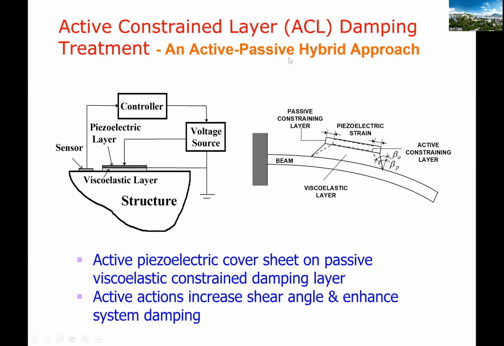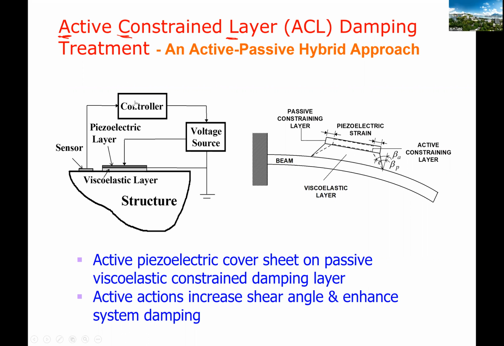It is an active-passive hybrid approach. Now let's go back to the structure on the left. For the structure, we have a viscoelastic layer sandwiched between the structure and the top layer, now a piezoelectric layer, right? And then there is a sensor to measure the response of the structure.